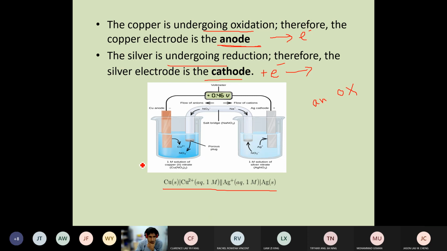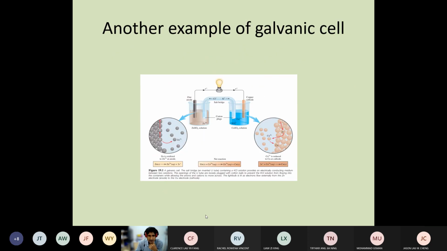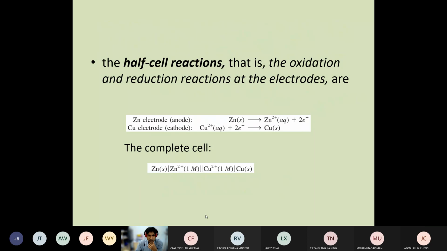It means that in one half cell there is copper and copper ion, and in the other half cell there is silver. This is the anode, because oxidation is happening. This is the cathode, this reaction. The silver is taking up the electrons from here and producing solid silver. So this is it.